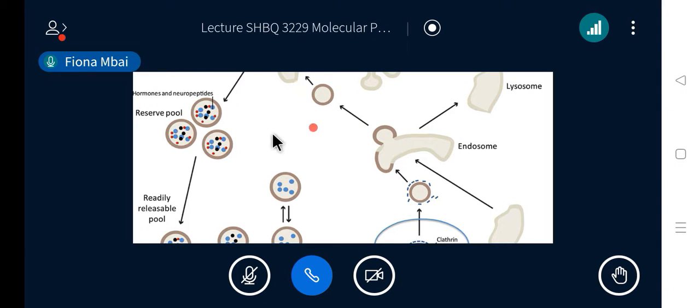Either goes back, retrograde, for those materials that are needed here, or if it is material that need to be degraded, they are shuttled or shunted through vesicles to the lysosomes, where the hydrolytic enzymes do their own work. And that is when bulk endocytosis happens. Okay.